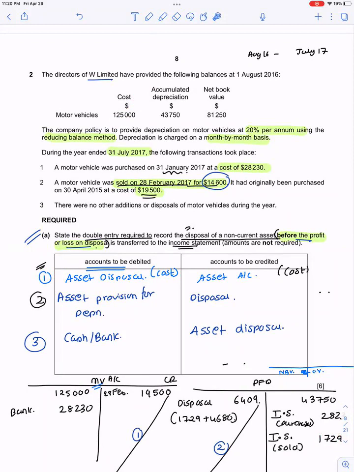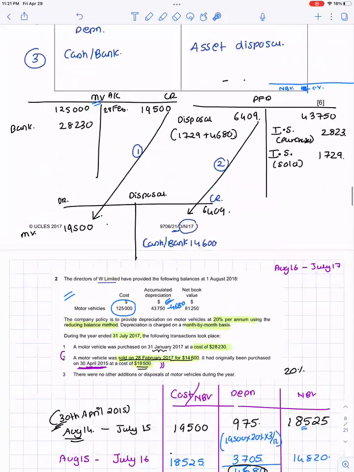From this, I have removed the depreciation of the assets sold. On day 1, I will get accumulated depreciation of remaining assets on day 1.